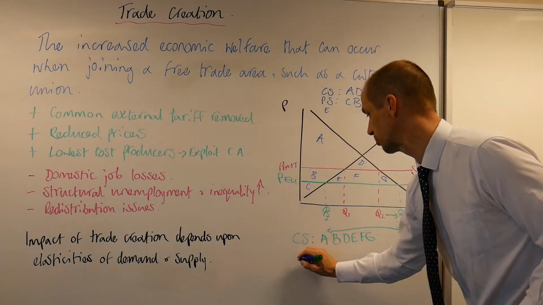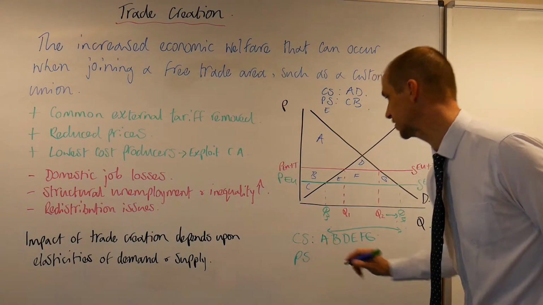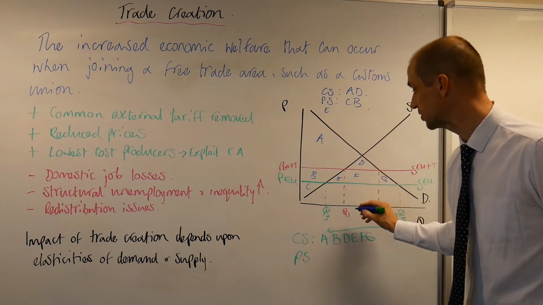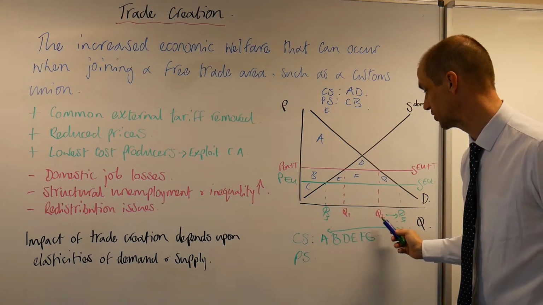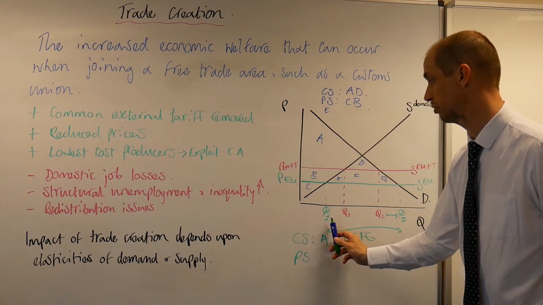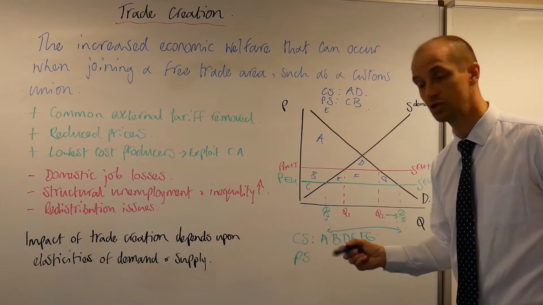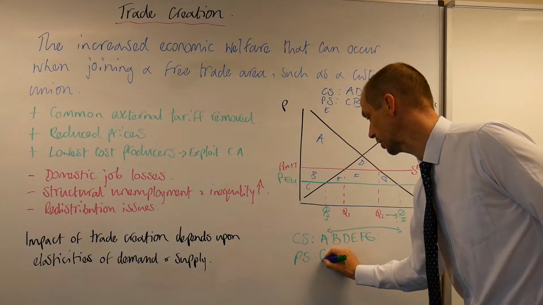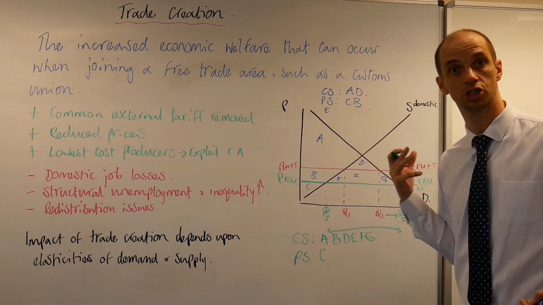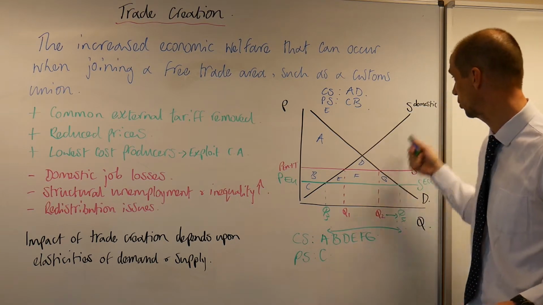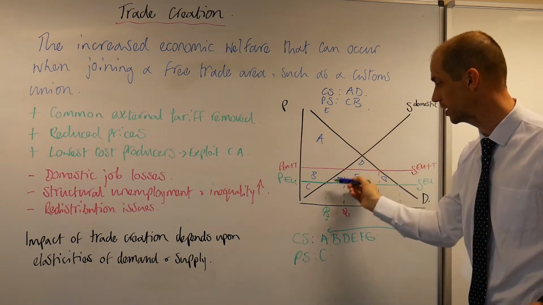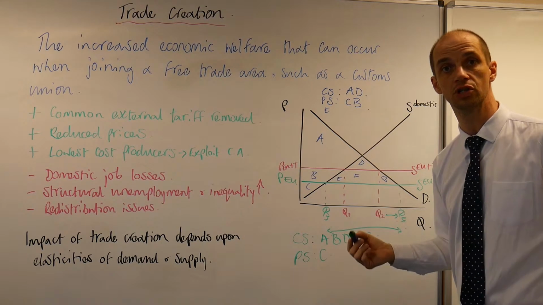Meanwhile, if we consider the producer surplus for domestic producers, we can see what is going to happen, because the imports have increased so significantly from Q4 to Q3. The producer surplus has shrunk, but the domestic economy, and this is our domestic supply curve here, is more efficient now.